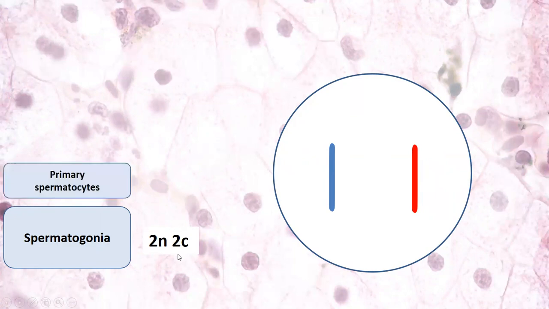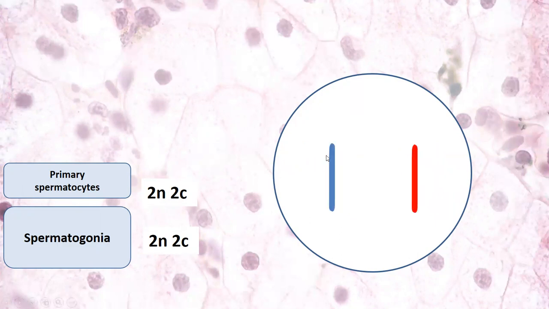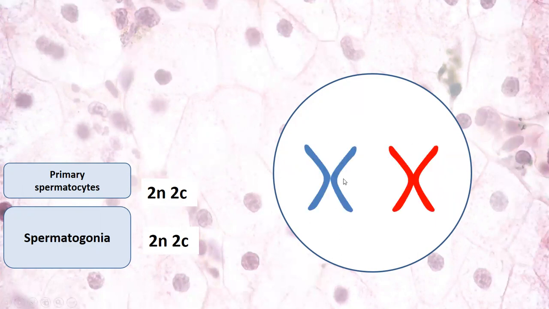And spermatogonia become primary spermatocytes. They grow, and at an early stage primary spermatocytes have karyotype 2N, 2C, but they pass through the reduplication of DNA, and each chromosome from 1 chromatid becomes double chromatid, X-like in appearance, and the number of copies of DNA in each pair becomes 4.